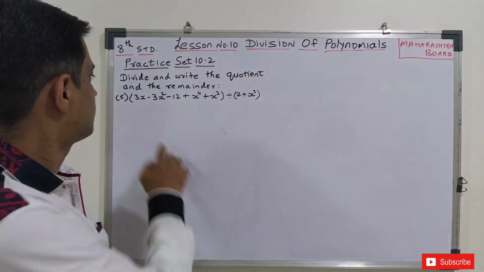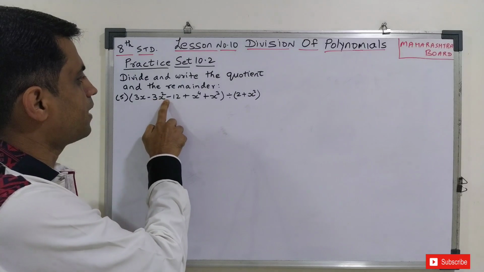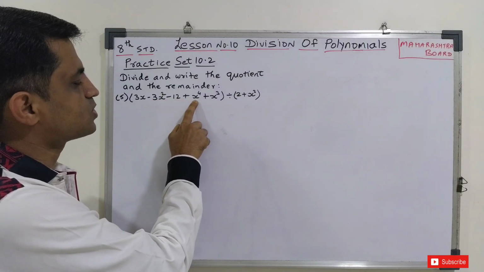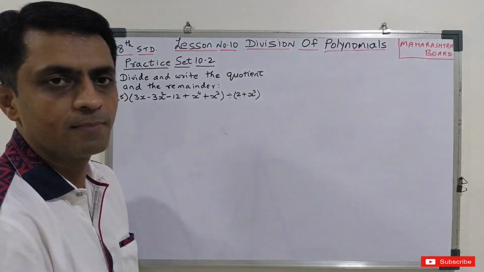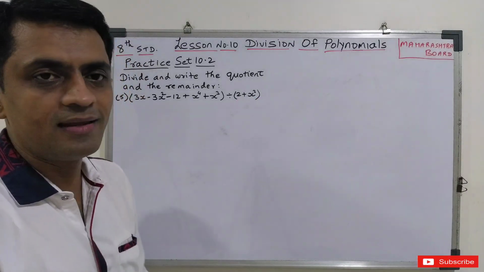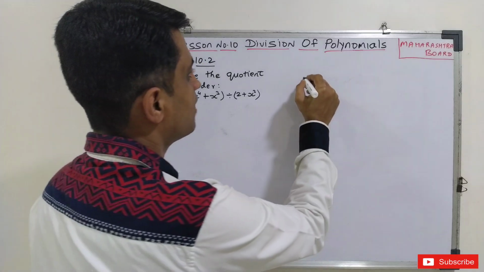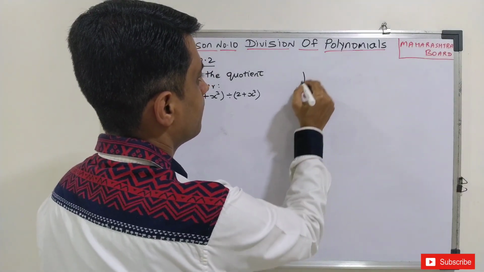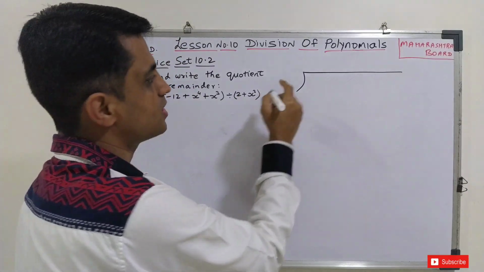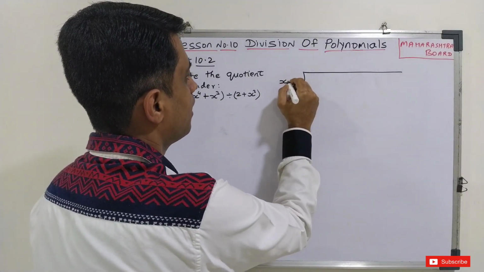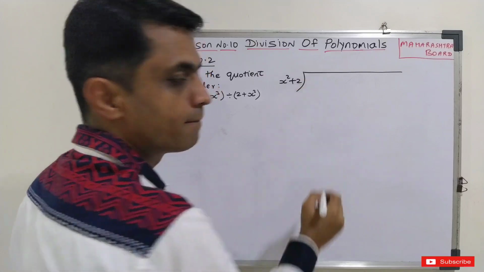Fifth sum, students. 3x minus 3x square minus 12 plus x raised to 4 plus x cube divided by 2 plus x square. Now students, there are many things to be rearranged here. First of all, instead of 2 plus x square we will write x square plus 2.